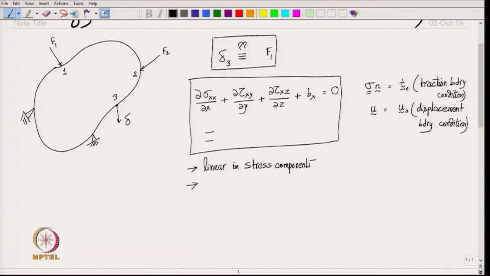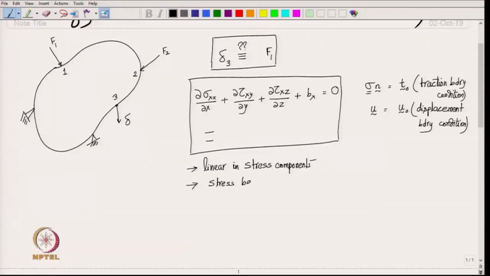But then stress itself is also dependent on strain, and if we confine ourselves to linear stress strain relationship, then stress becomes linear in strain, and finally strain is linear in displacement. Correct? You see, the last two assumptions, they are assumptions of linear elasticity, that is the domain of our course. So, this holds for linear elasticity.